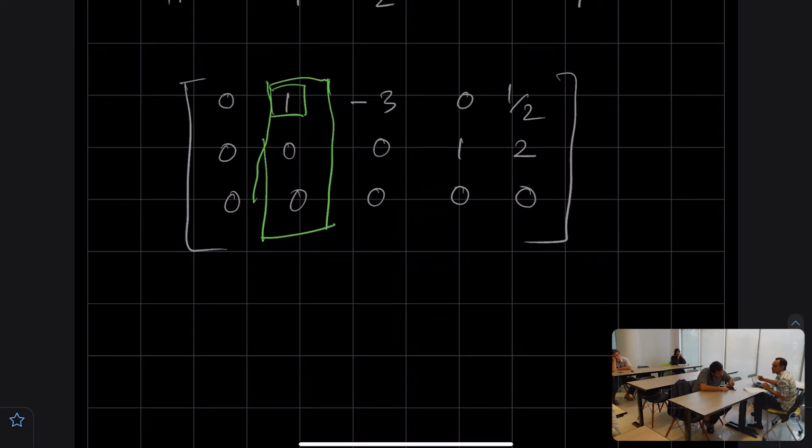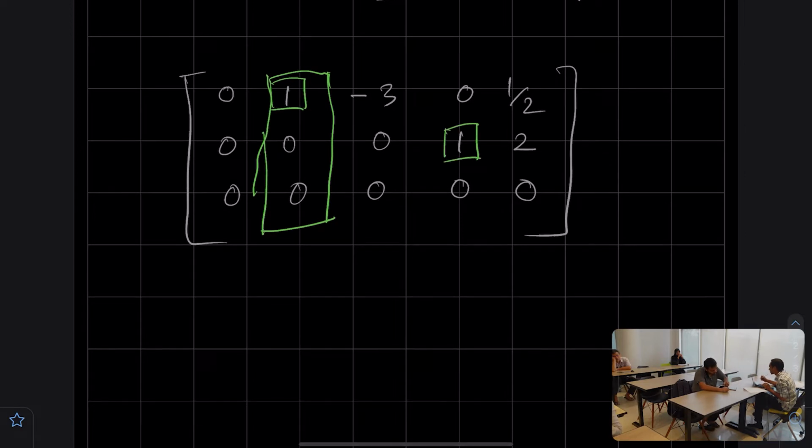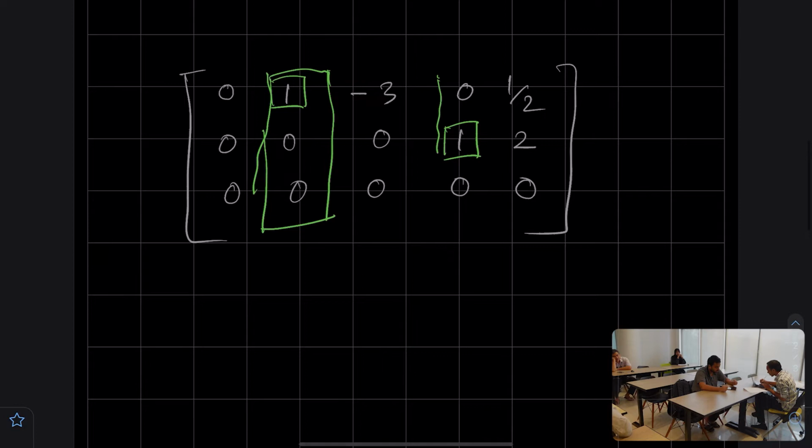And every other element in that column is 0. Then in the second row, the first non-zero entry is this, and this is also 1. So this is the leading one, right? And in that column, every other element is also 0.